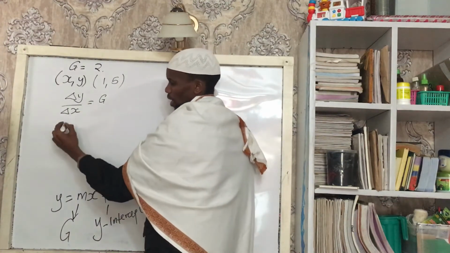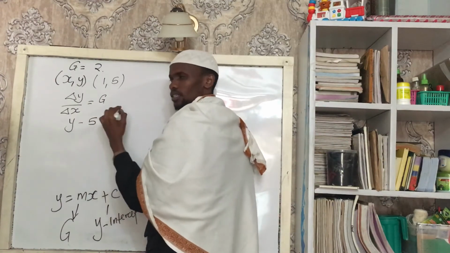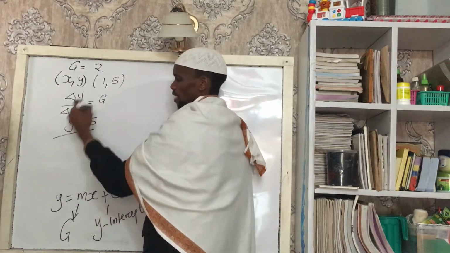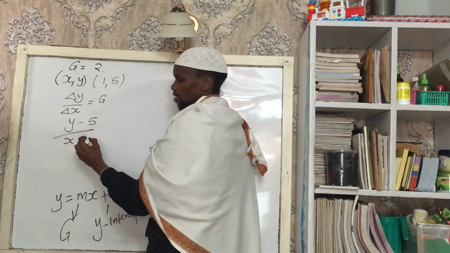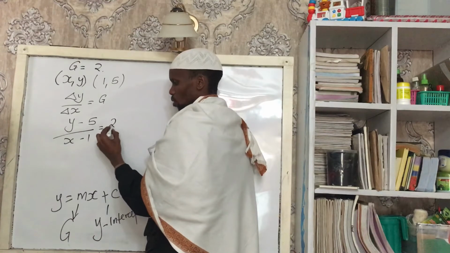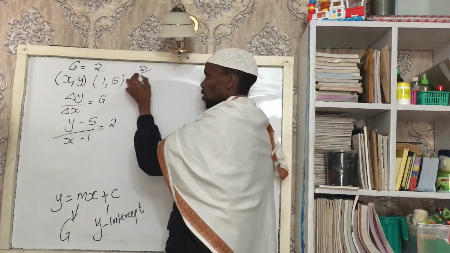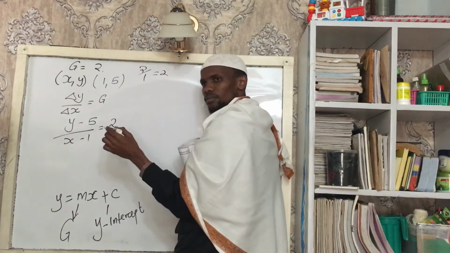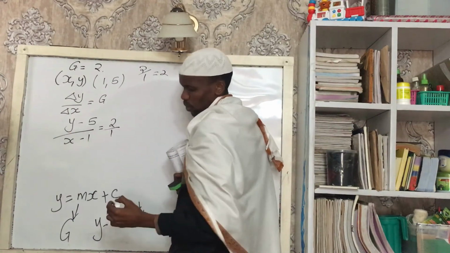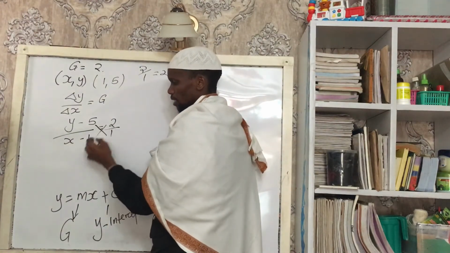I will say y minus 5 over x minus 1 is equals to 2. Are we together? So if I'm going to write 2 over 1, is it the same as 2? It is the same as 2. So why don't I put 1 here? Are we together? Yeah. And then we do the cross multiplication.